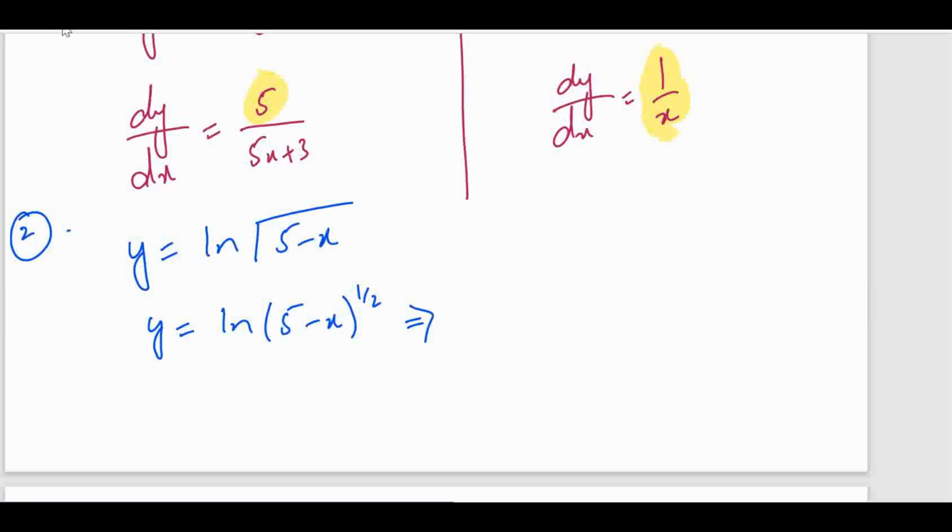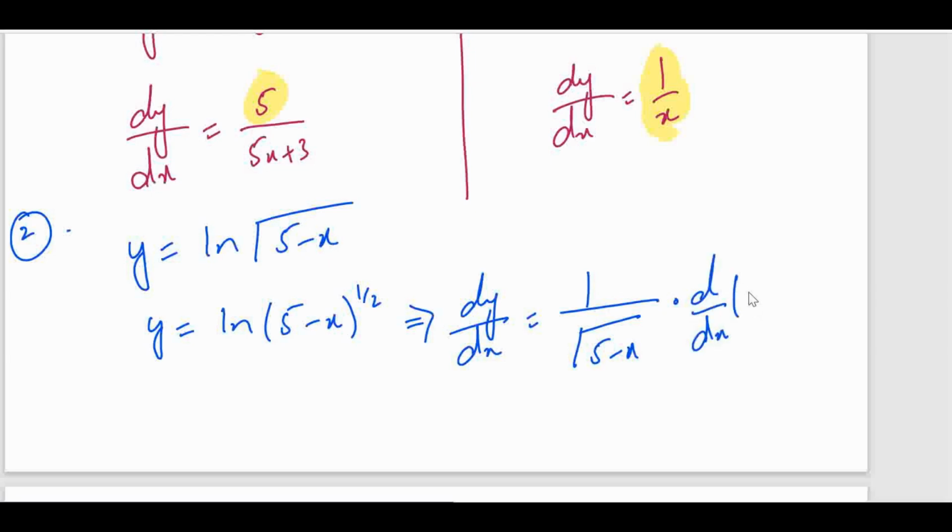What we have to do is use the same thing, that dy by dx will be equal to 1 by square root of 5 minus x into the internal derivative of 5 minus x whole power 1 by 2.